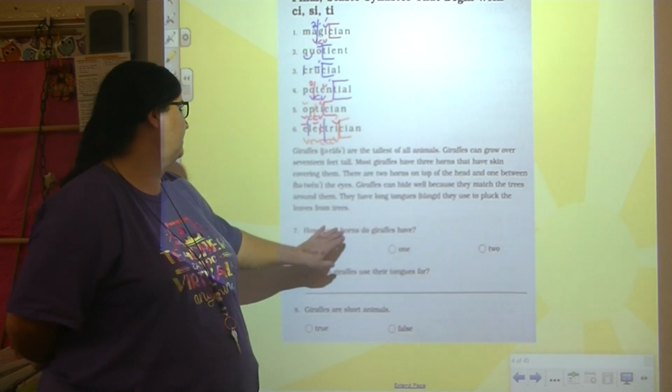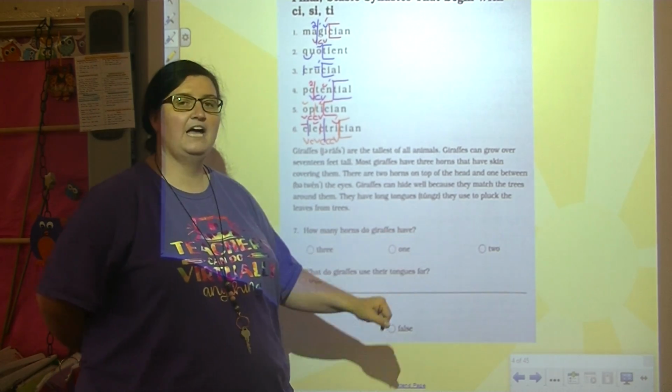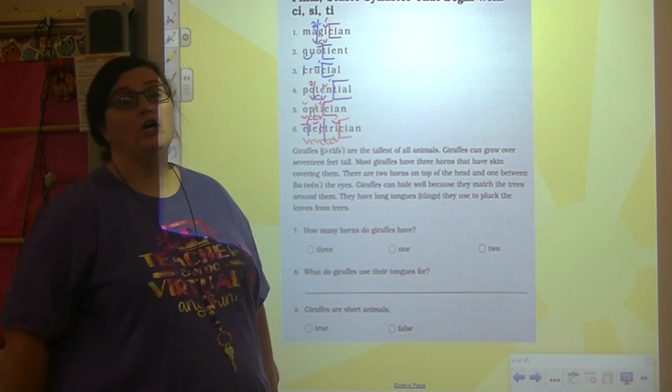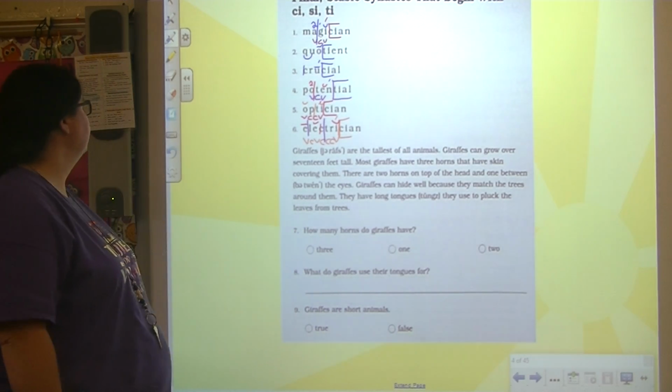Number 7, how many horns do giraffes have? Your choices are 3, 1, or 2. Underline it and bubble it in.